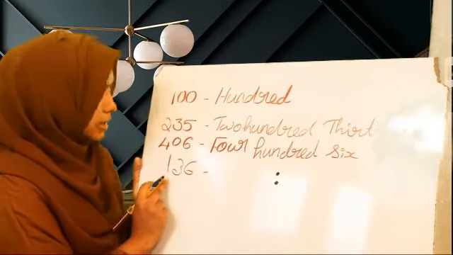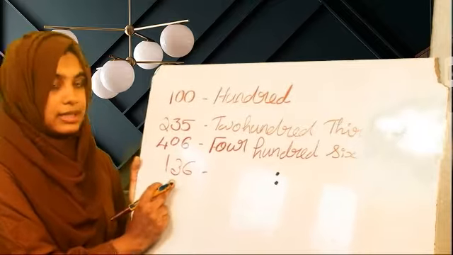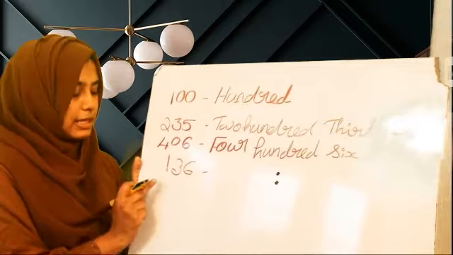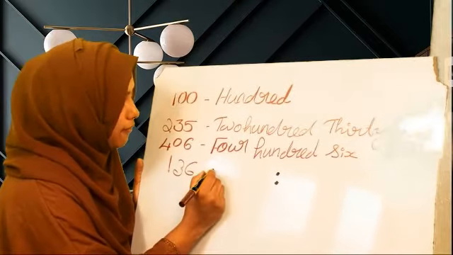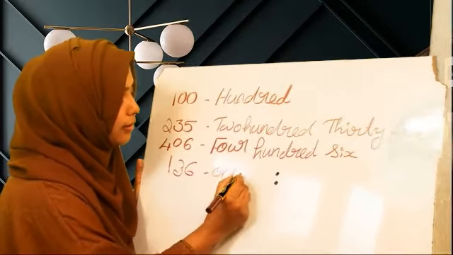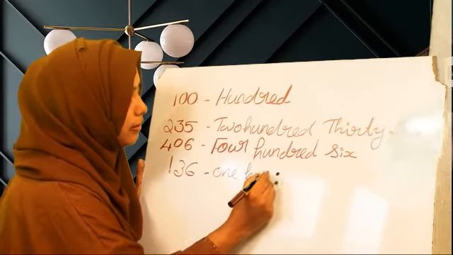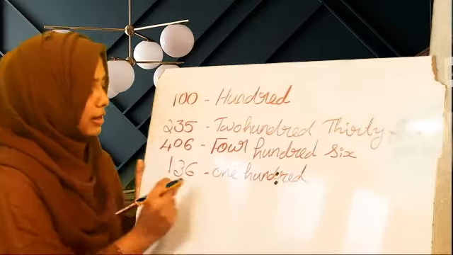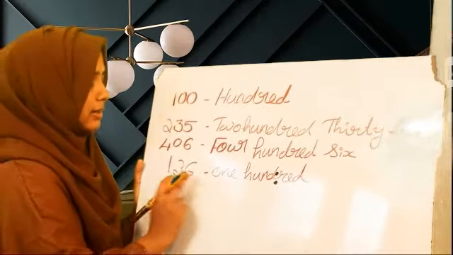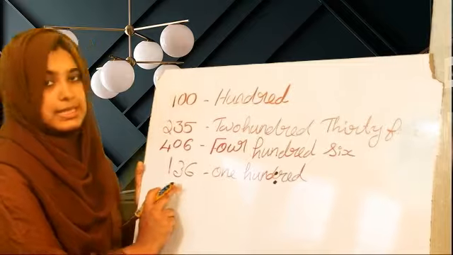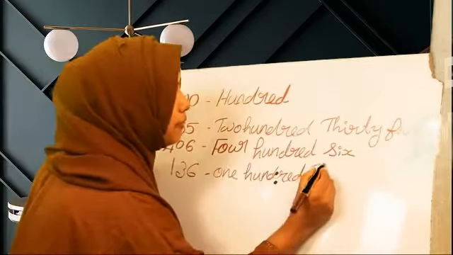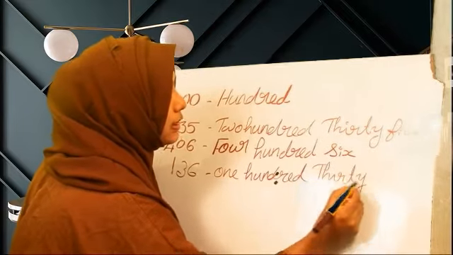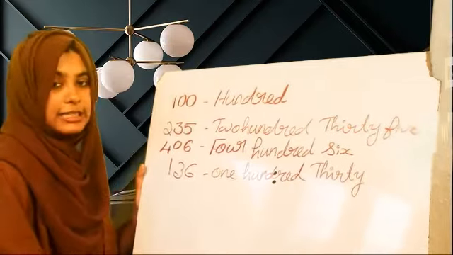Here is another number, 136. How do we write it? 1 hundred, 3 tens, 6 ones. We write 100, then 36. Thirty, T-H-I-R-T-Y, 30.